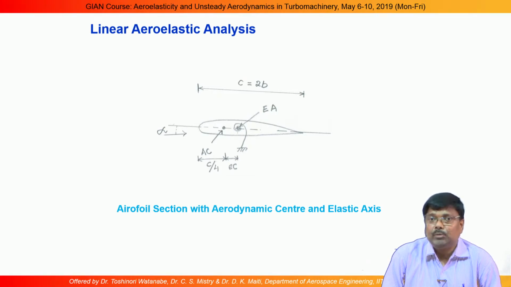But the torsional equilibrium equation is mainly responsible for flutter, divergence or static aeroelasticity, whereas the bending mode is not responsible for flutter.